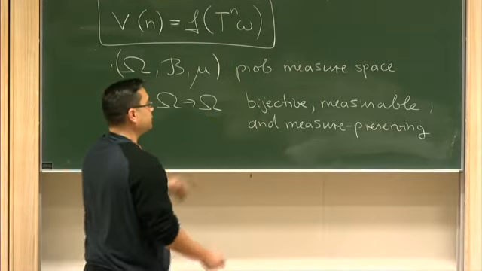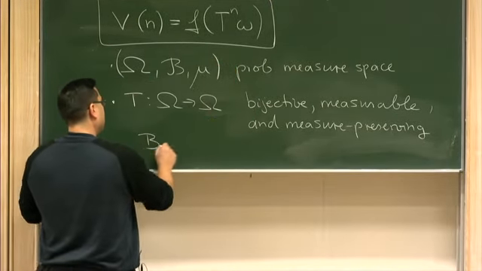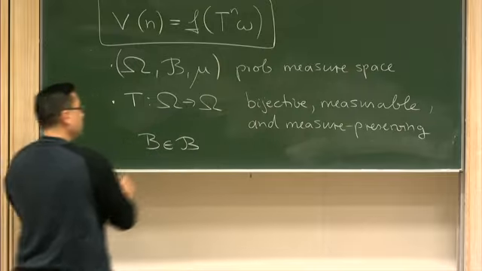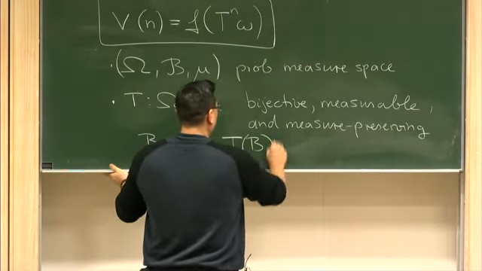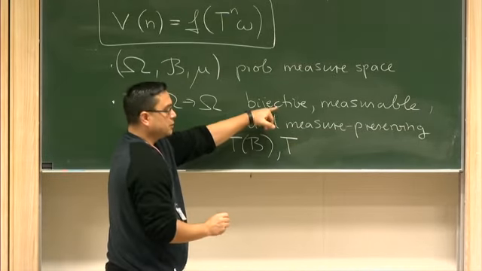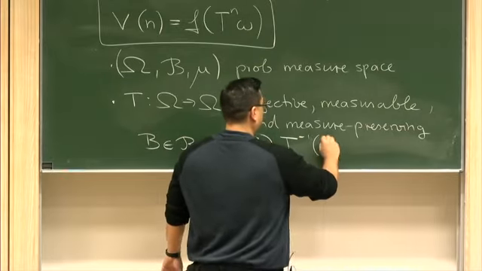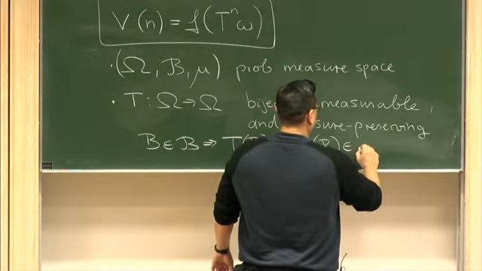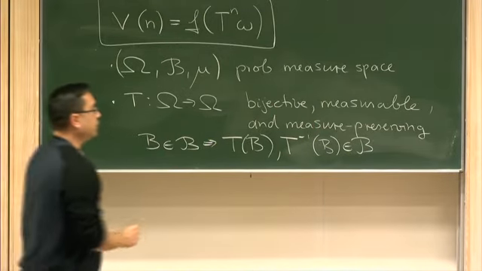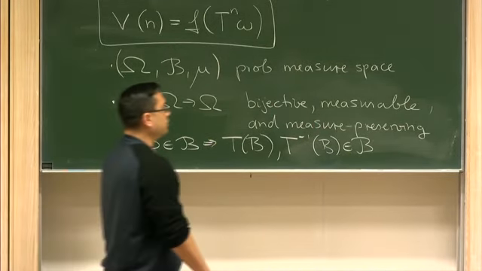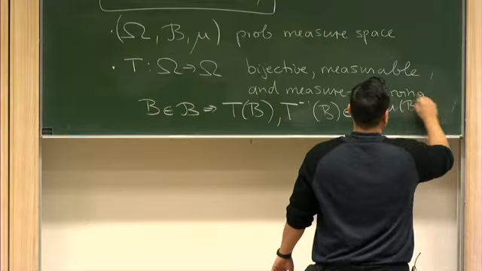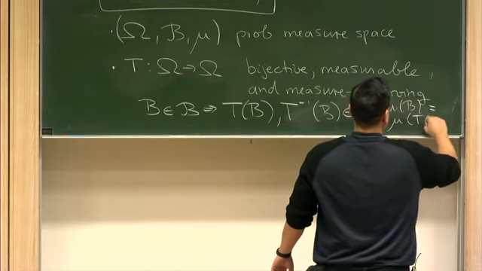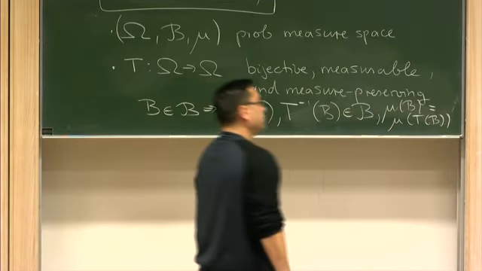Bijective is clear. If you have any measurable set B, then you want both T applied to B, and because it's an invertible map, T inverse applied to B, to be measurable also, and you want the measures of these three sets to be the same. So mu of B is equal to mu of T of B, and also mu of T inverse of B.